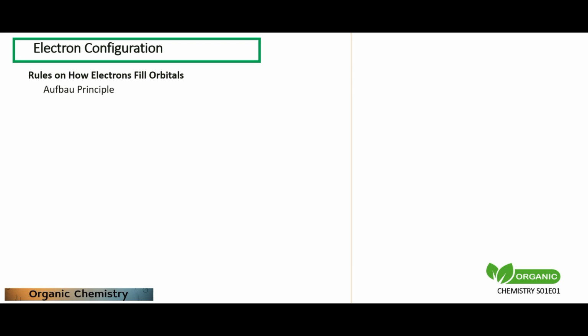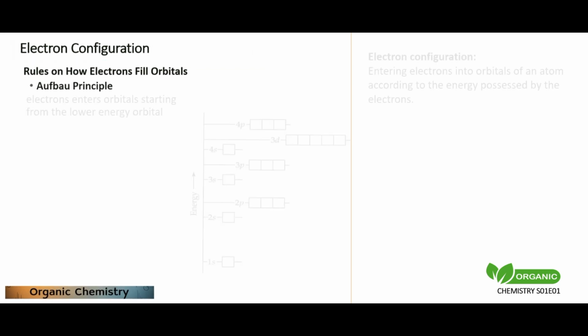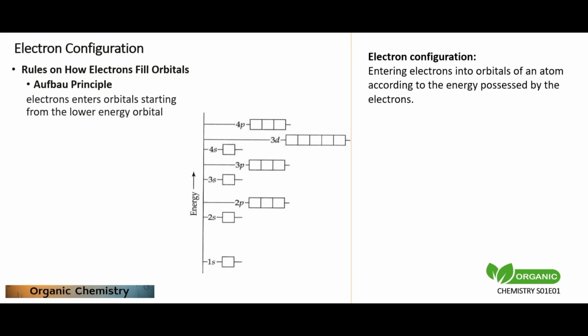In the distribution of electrons into orbitals, the following rules should be observed. The Aufbau principle. This states that electrons enter the lower orbitals first. It means that 1s orbital should be completely filled with electrons before filling 2s. Also, 2s orbitals should be filled completely first before filling 2p orbitals.